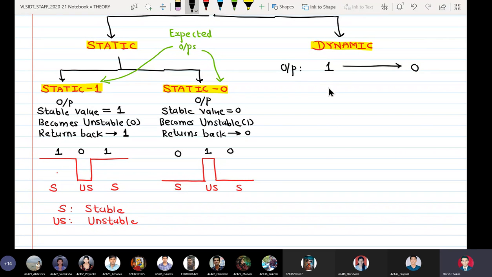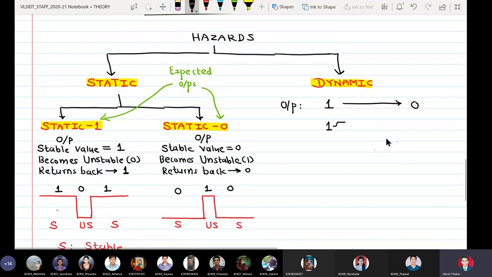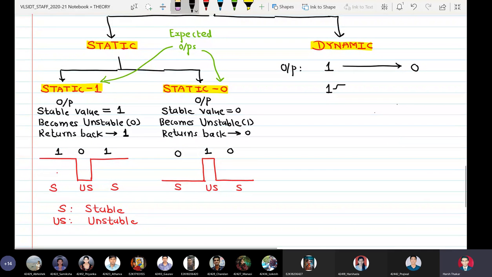But instead what happens is it goes like this, it goes 1 to 0, 0 to 1, and then it comes to 0.